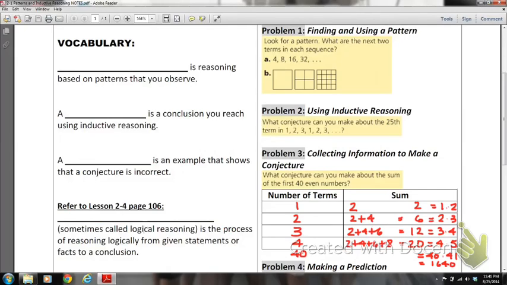So if you write this in general terms, the sum of the first however many even numbers you want to sum is going to be that number times the number that follows it. So it's n times n plus 1.